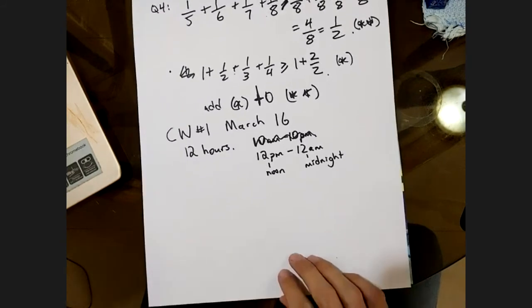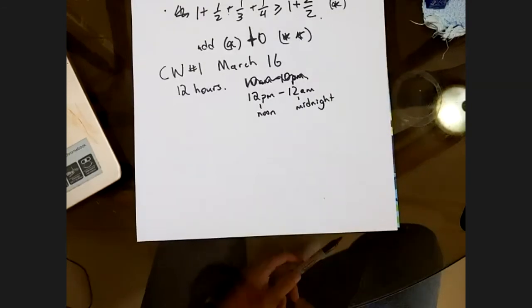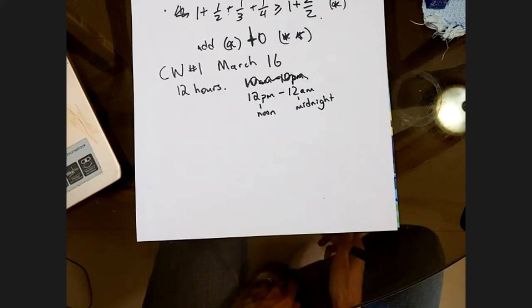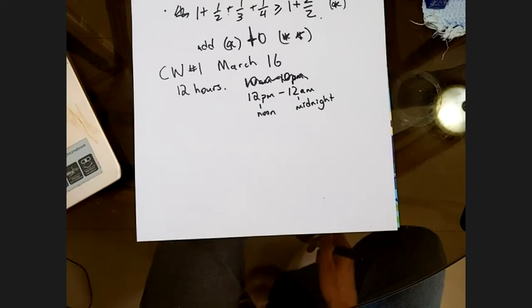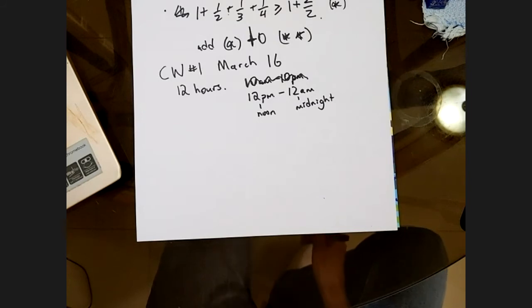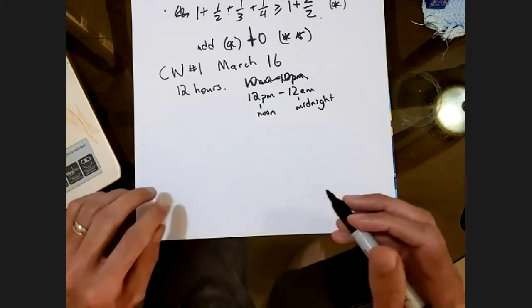So, I don't want to do too much today, but I want to start talking about, basically, we constructed the natural numbers, we proved the principle of mathematical induction, and then we used that to prove that the natural numbers have this property that they're totally ordered.